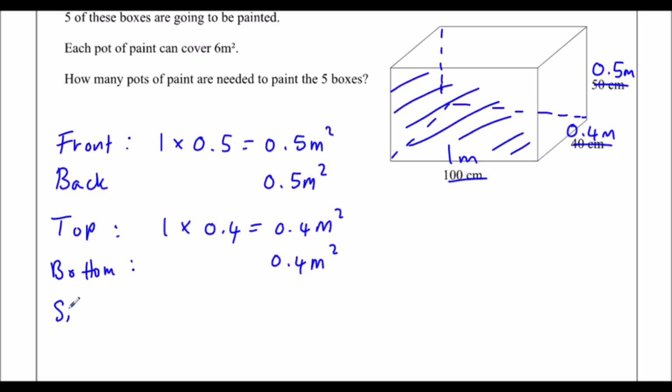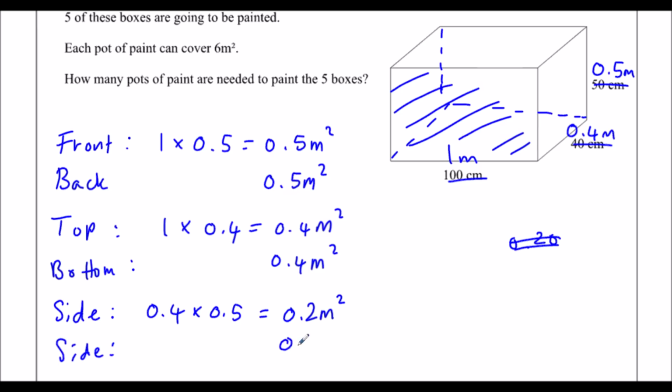And finally, we've got the side, 0.4 times 0.5, which is 0.2 meters squared. So 4 times 5 is 20, but we've got 2 numbers after the decimal point in the question, so we've got 2 numbers after the decimal point in the answer. And the other side is also 0.2 meters squared.